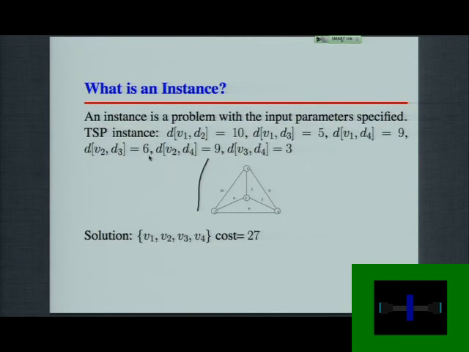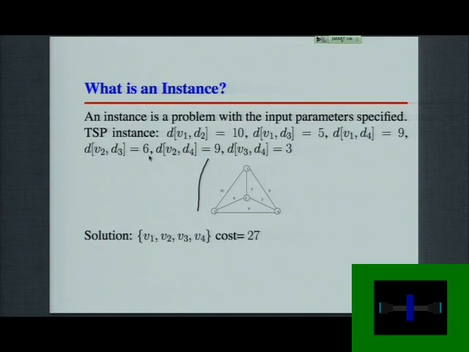And we could describe that weighted graph in a couple of different ways. We could list the edges and vertices, and for every edge list the weight. We could use an adjacency matrix. We could use a couple of different representations. But an instance of a problem is the actual input for that problem.